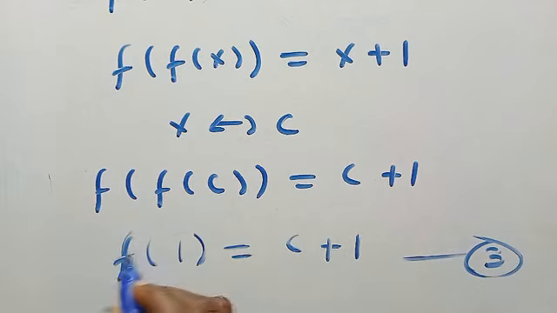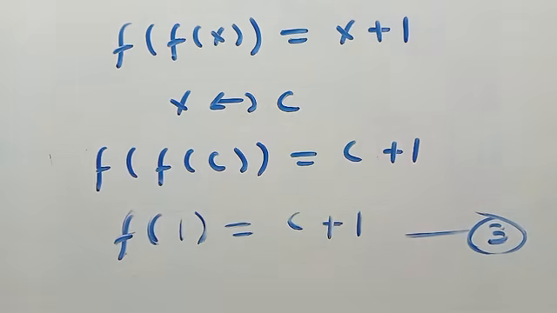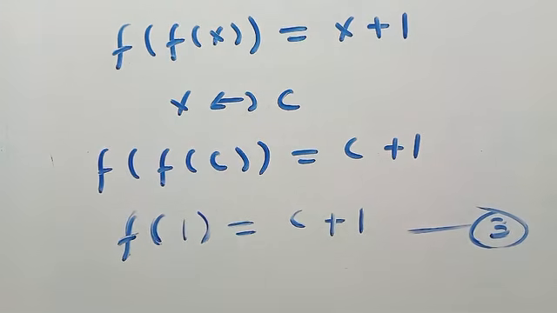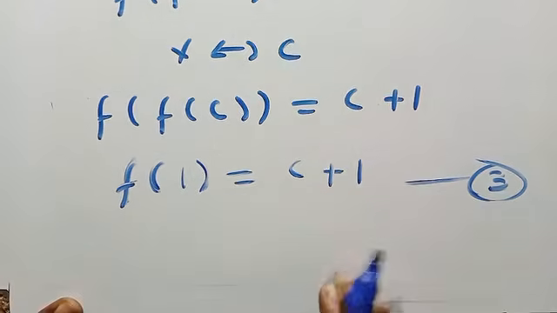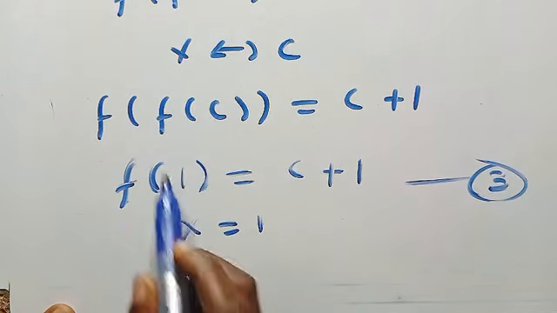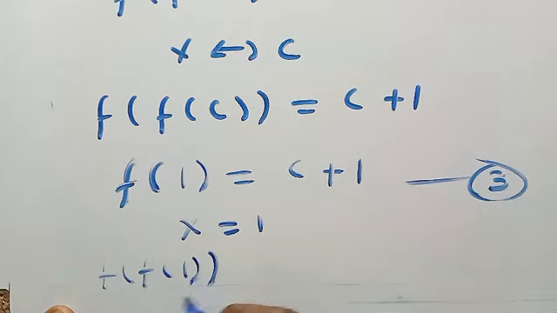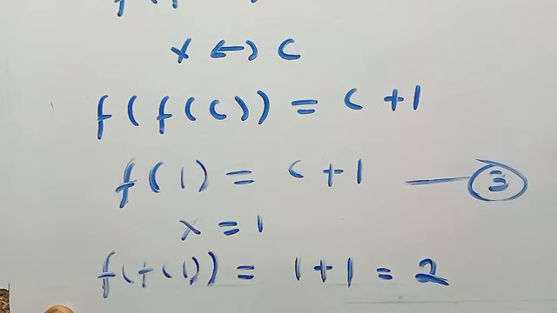And we need another substitution here. Initially I let x equal 0. Now I want to let x equal 1 and see what we are going to get. If x equals 1, then in the first equation, f of 1 equals 1 plus 1, which gives us 2.